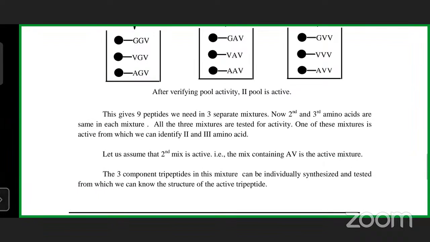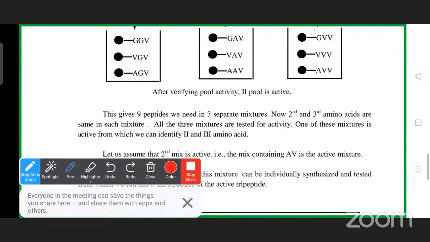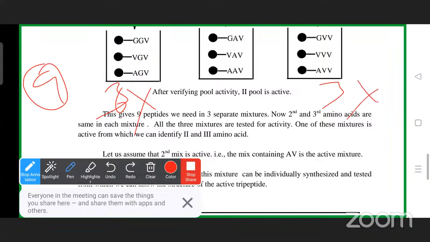Out of the total 9 compounds, 3 here and 3 here, these 6 compounds are neglected and removed. You need to test only these 3. So the work done is reduced, the effort is reduced, and it is a time-saving process.